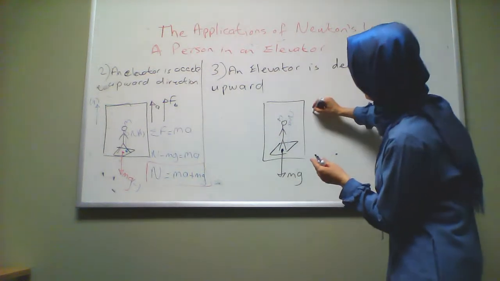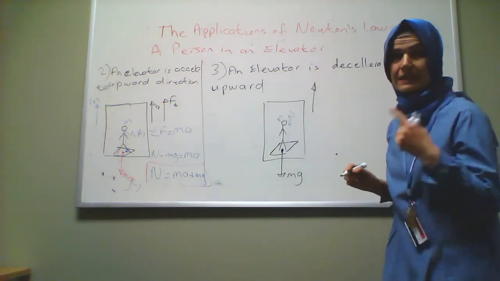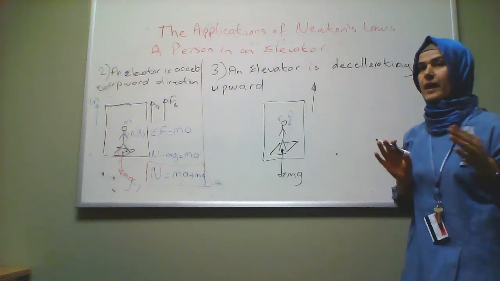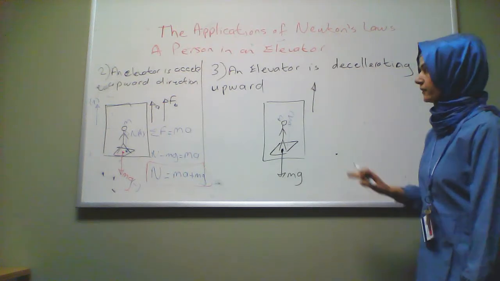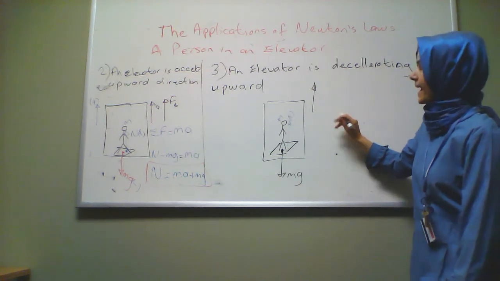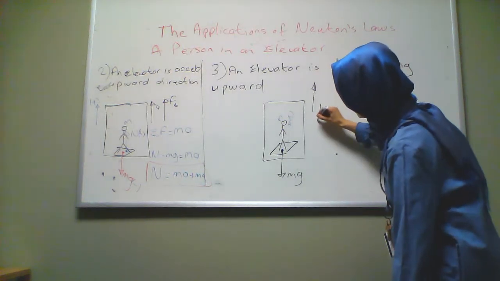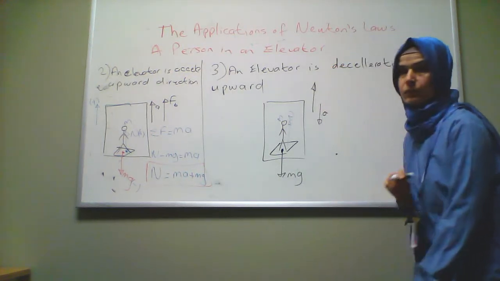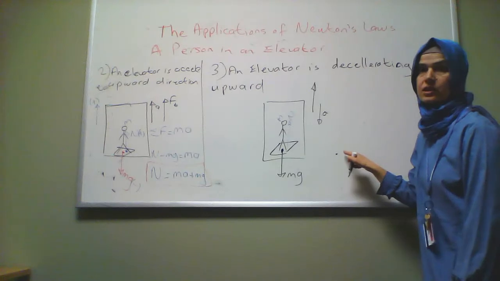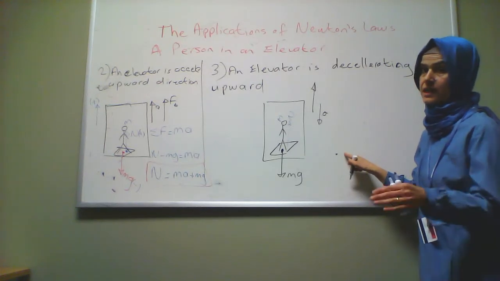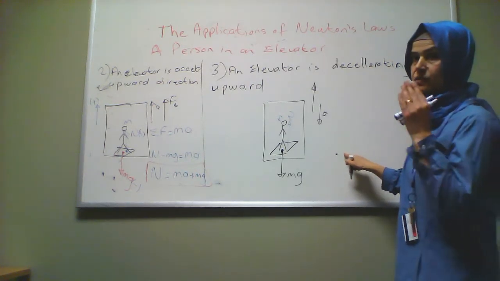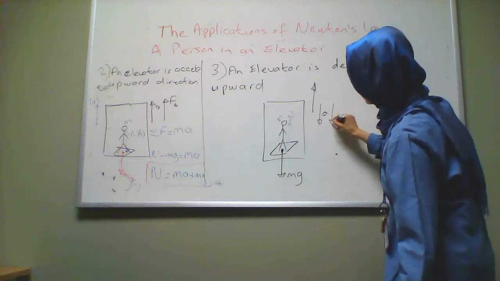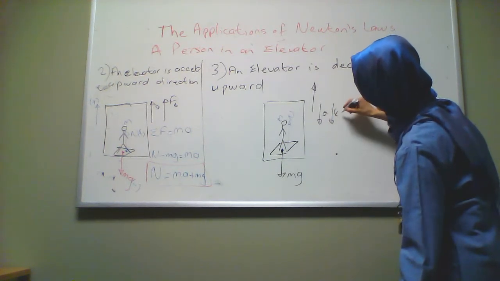The elevator is going upward, the motion is in this direction, but it's decelerating. If you remember from the kinematics part, if an object is decelerating, acceleration is against the motion. So A will be in the down direction. If A is in the down direction, A is always in the same direction as the total force. So the total force is here in the down direction.